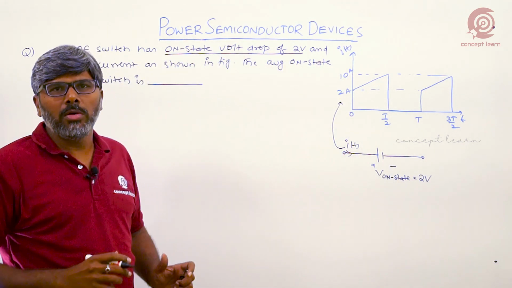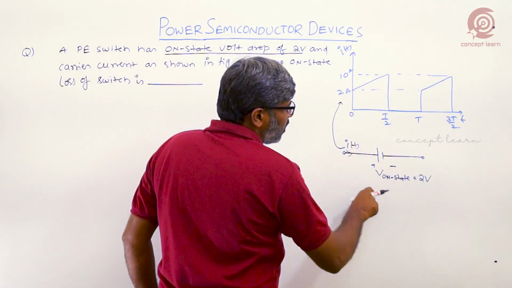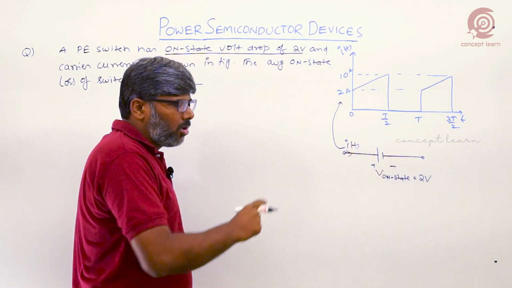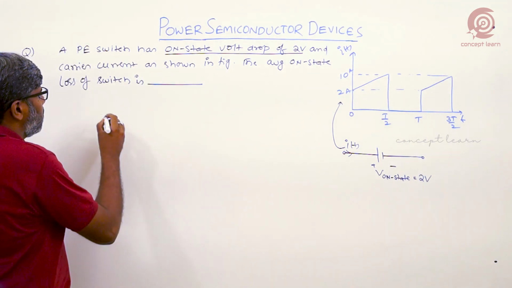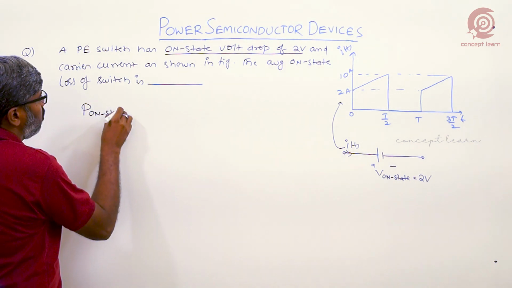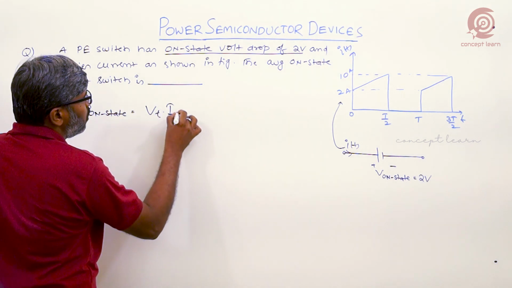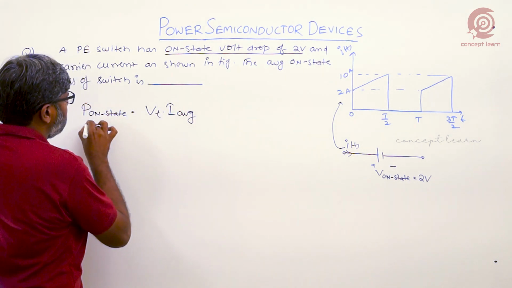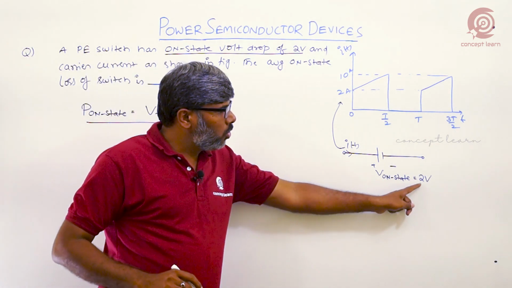So this is the equivalent model of the given switch. Then how do we calculate the power loss of the switch when it is represented by this model? The average on-state loss is equal to Vt into I average. This is the formula. So the Vt value is given as 2 volts.